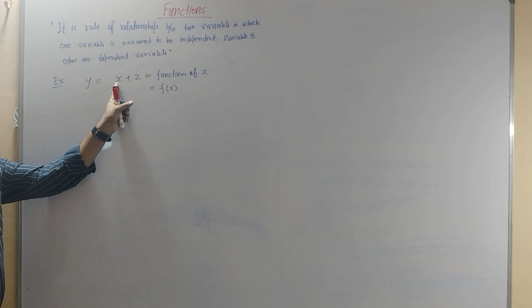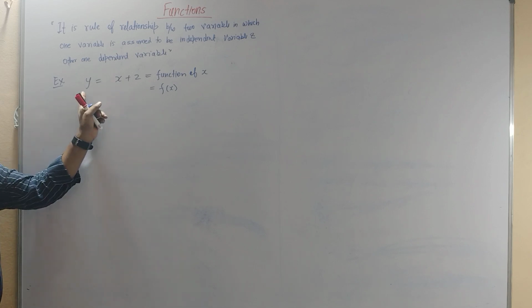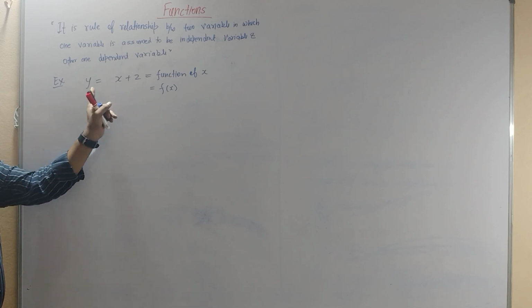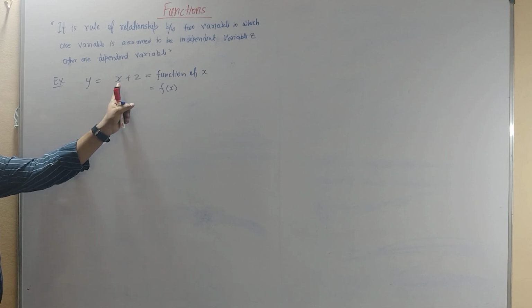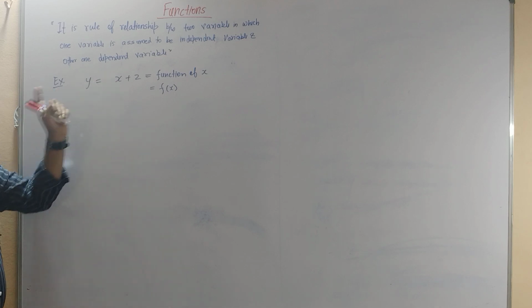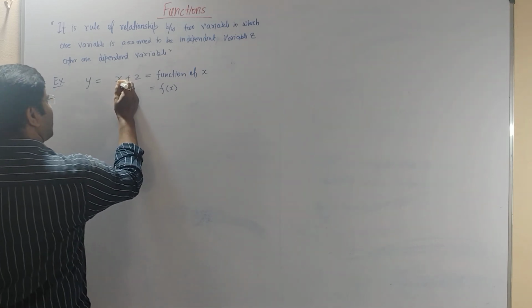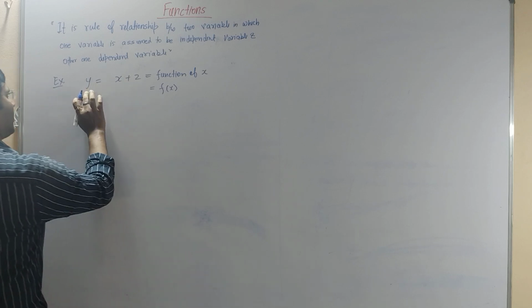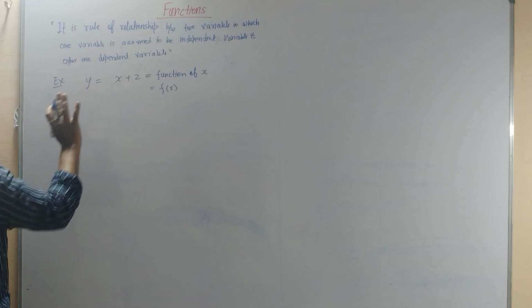You can put any value of x, but you cannot get any value of y. It will depend upon the function. Like if you put 0, then it will be 2. If it is 1, it will be 3. If it is 4, it will be 6. So this will be known as independent, this will be known as dependent, but both are variables.